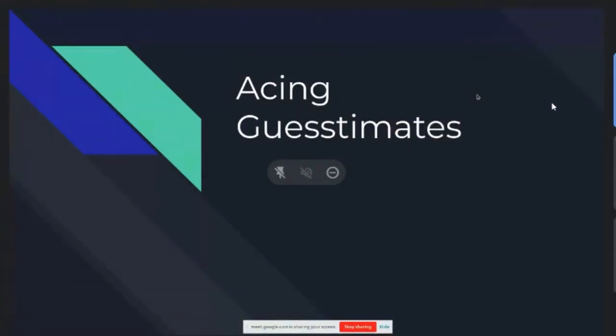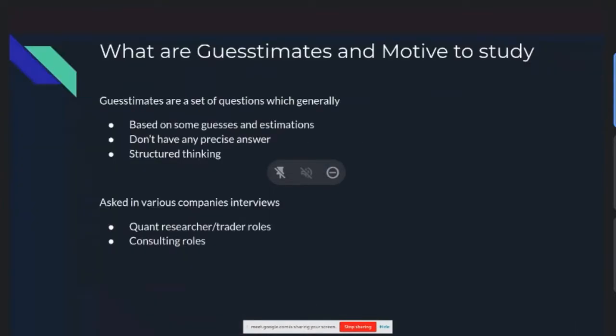So the session is about facing guesstimates in interviews. What are guesstimates, and why should we focus on and study them? Guesstimates are questions based on guesses or estimations you have to make.